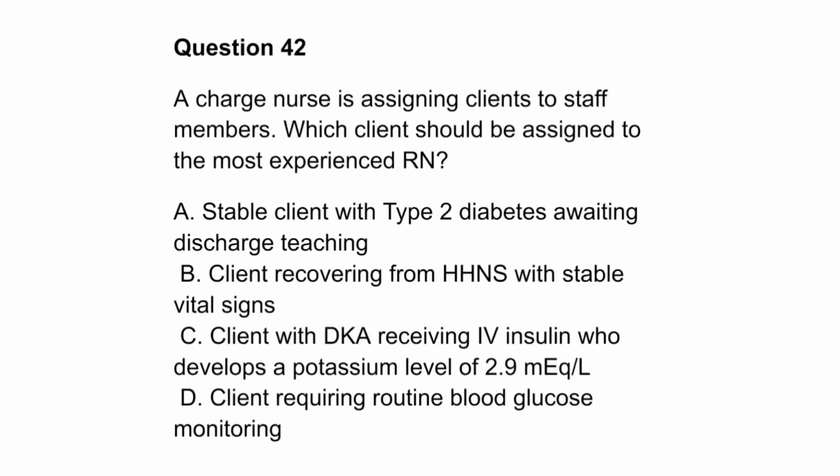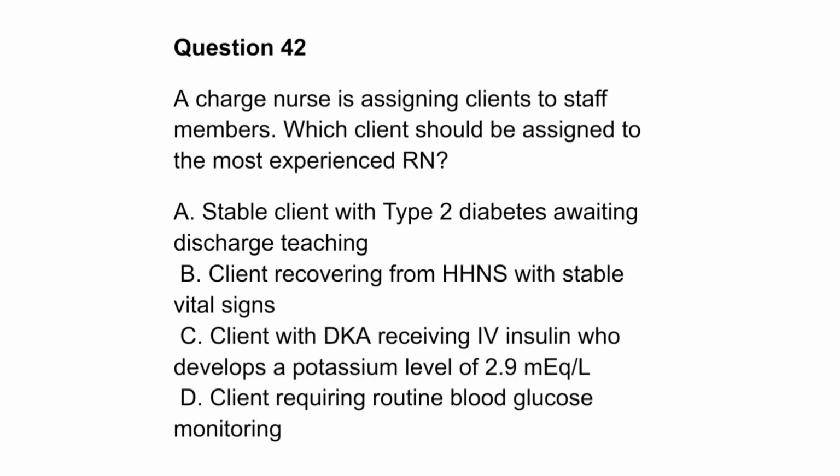Question 42. A charge nurse is assigning clients to staff members. Which client should be assigned to the most experienced RN? A. Stable client with type 2 diabetes awaiting discharge teaching. B. Client recovering from HHNS with stable vital signs. C. Client with DKA receiving insulin who develops a potassium level of 2.9 milliequivalent/L.